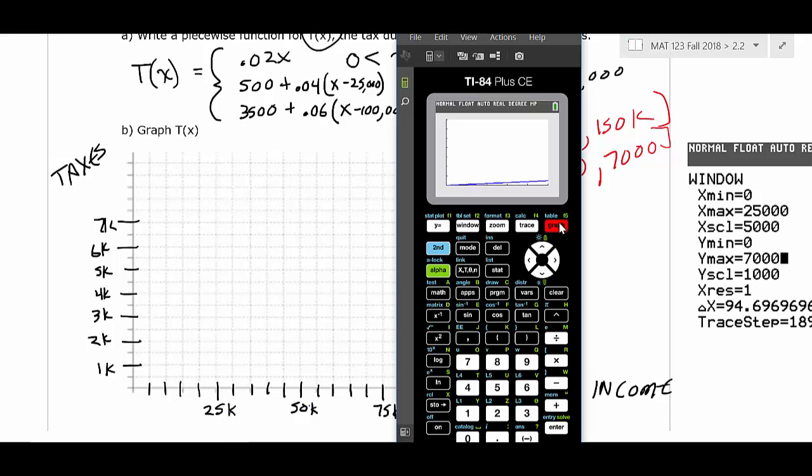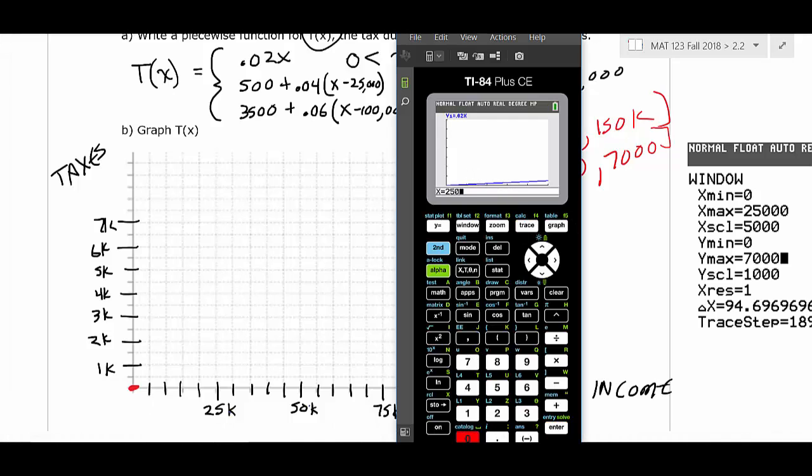Now, what you want to do is trace. I've shown you how to do trace. So you want to trace at 0, and that'll give you 0. So your first point, which is obvious, is if you make no money, you don't have to pay any taxes, correct? Then I'm going to trace at the end of that, which is 25,000.